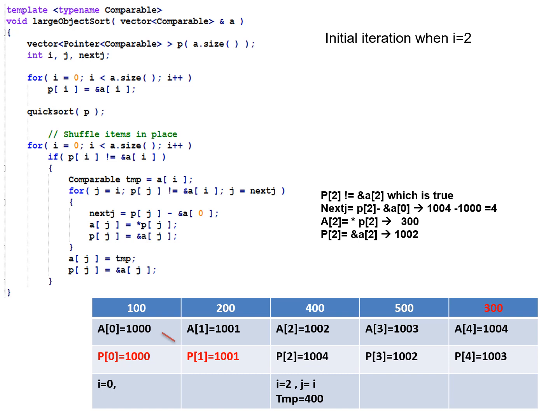When you get this condition, you just lift the element which is there in E of 2, that is 400, and keep it in a temporary variable temp. So that is what we have done here. Now i is 2 and j will also be 2. Once you copy 400 to the temporary variable, come to the inner loop.